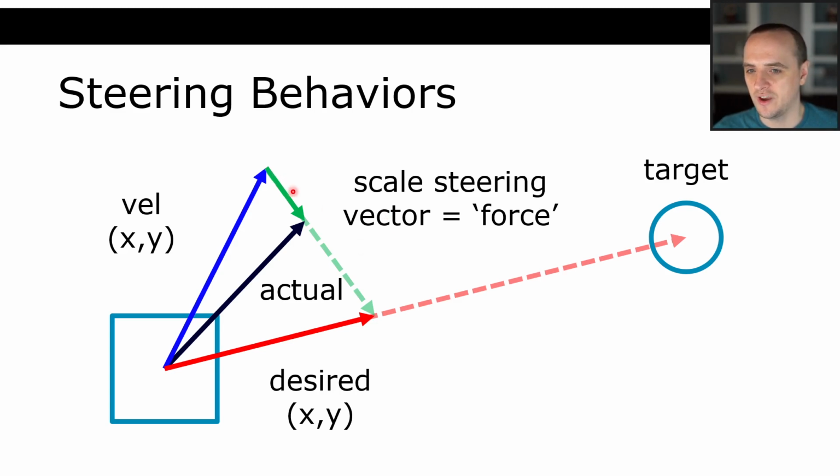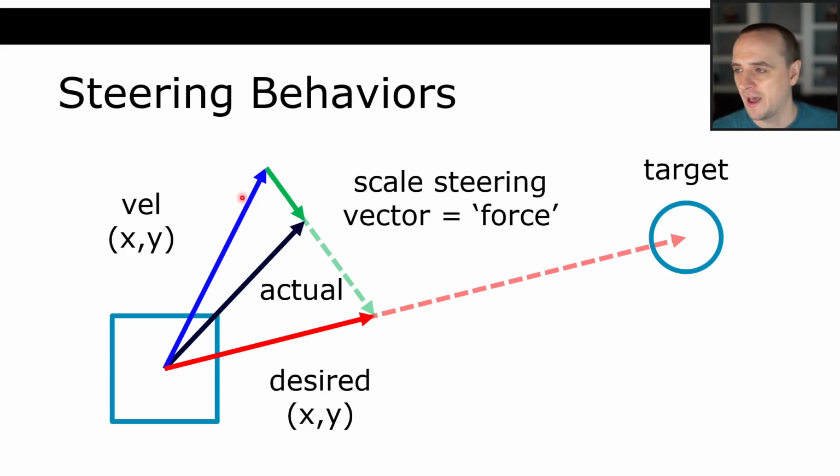And we call this vector the steering force. Depending on how long this green vector is, that is how strong the steering force is. So if the steering force is 0, we won't turn at all. If the steering force is 1, we will instantly turn all the way. And if it's like 0.1, then we're going to be turning like 10% of the way each frame.